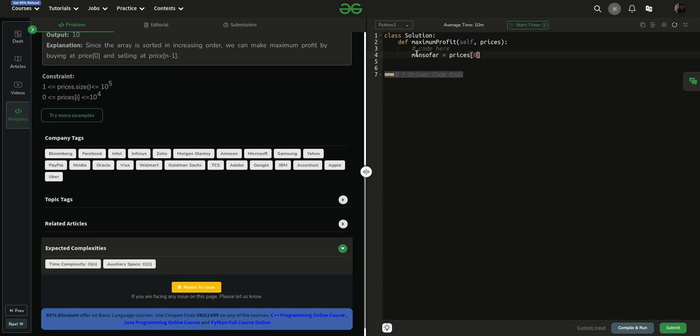Then we will traverse the array, for i in range 1. Why am I taking 1 here? Because we already consider that day 0 will be the minimum stock price. Then range of length of prices.